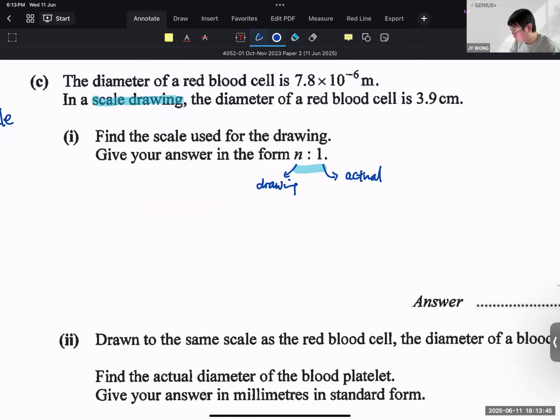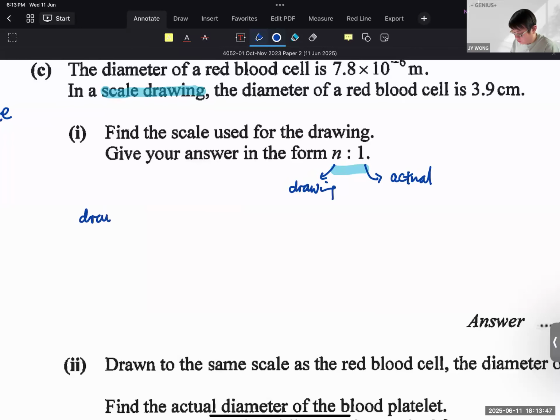If you understand that this is drawing to actual, we know that it is n to 1, right? So your scale drawing here, they tell you that it's 3.9. And when it's 3.9, what's your actual?